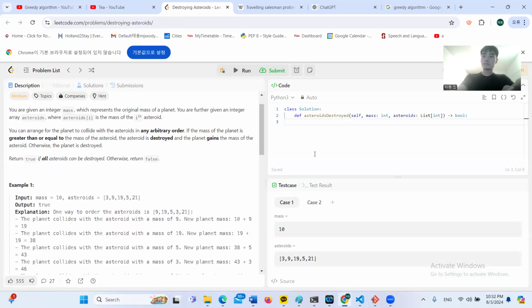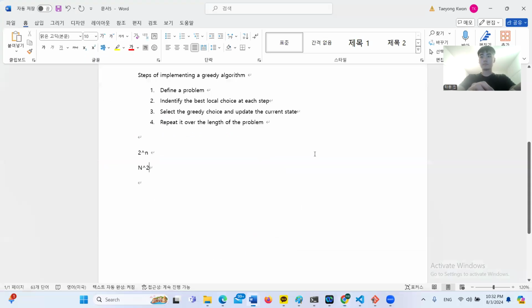So what will be the way to implement the greedy algorithm here? We said that we have to identify the best local choice at each step. So what will be the best local choice at each step? It should be that we encounter the smallest possible asteroid first, right?